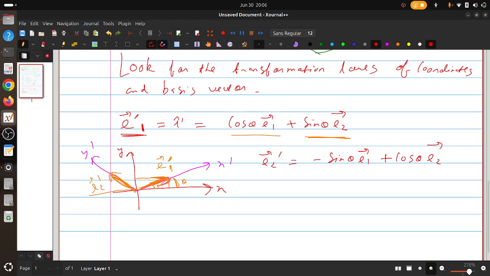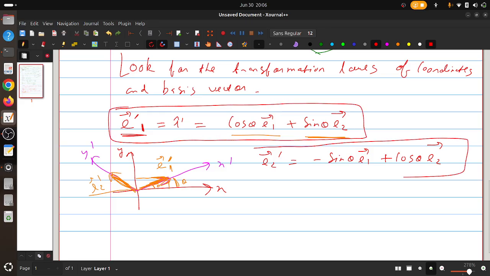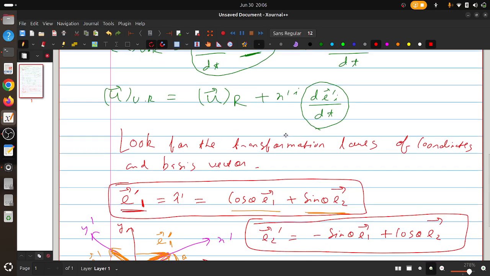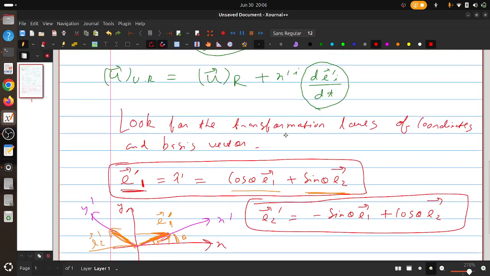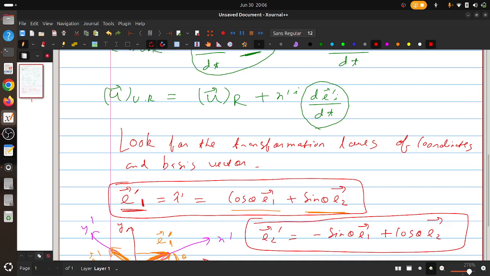So we have these transformation laws for e1 prime and e2 prime, right? Now we can simply differentiate it, and before even differentiating, we should expand this quantity here.